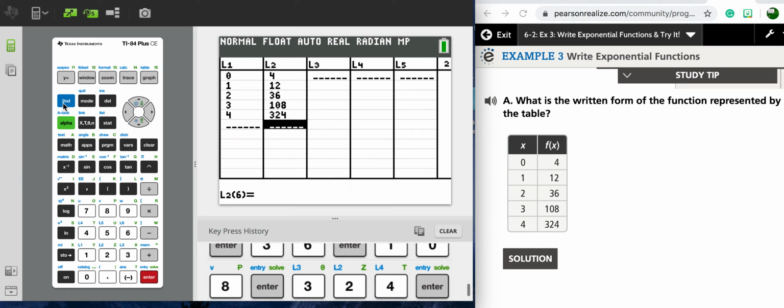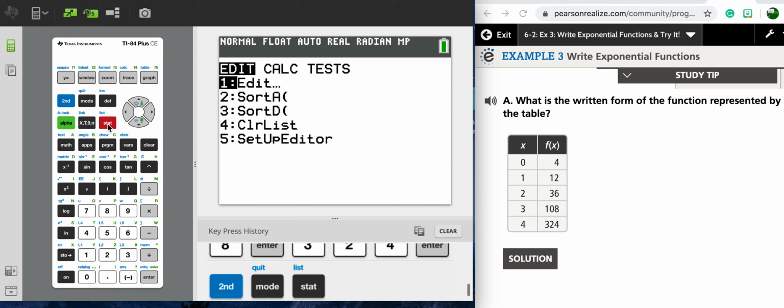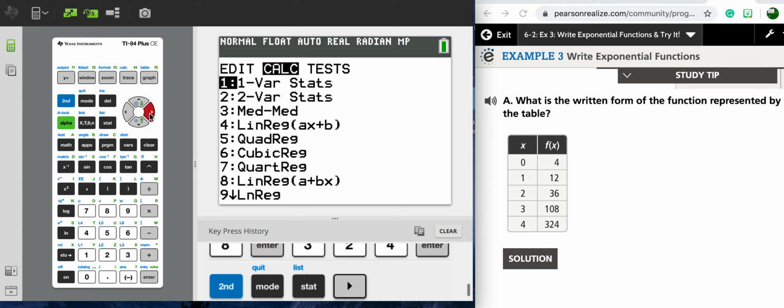Now, go to second and quit. We go back to stat, and we move to calc because we want to find the exponential regression.